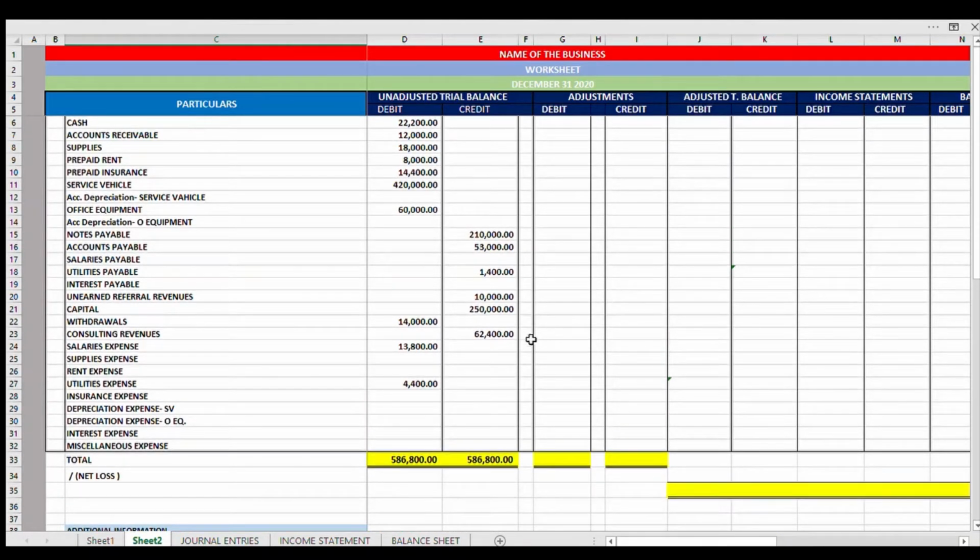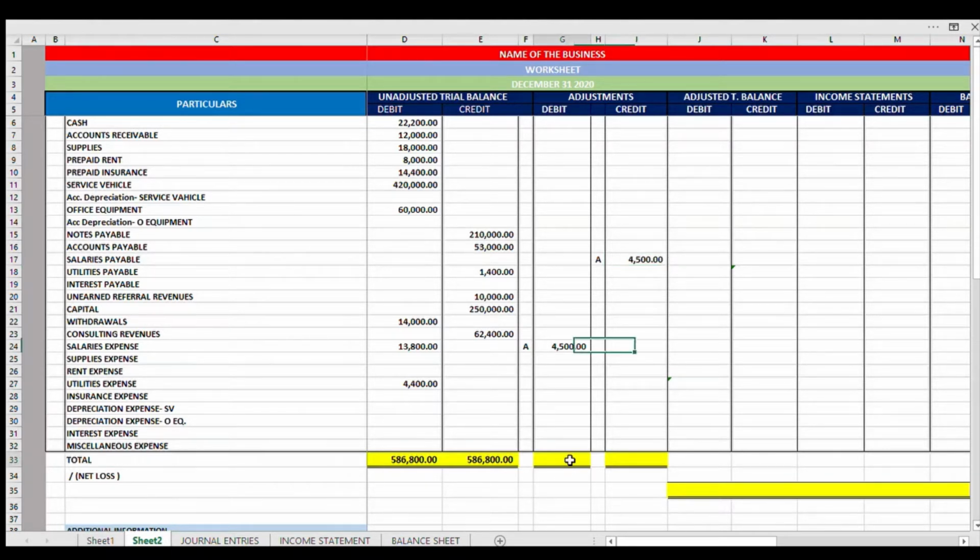So the very first one is to recognize the salaries expense. So it is letter A, and we will recognize the entry 4,500, and also our credit will be, since this is an accrual, a liability will be created, so we will recognize the payable.